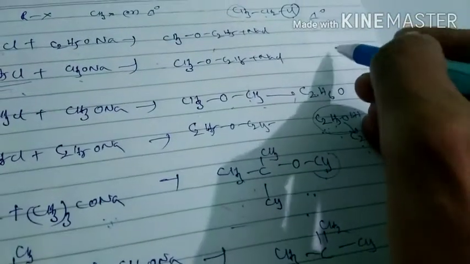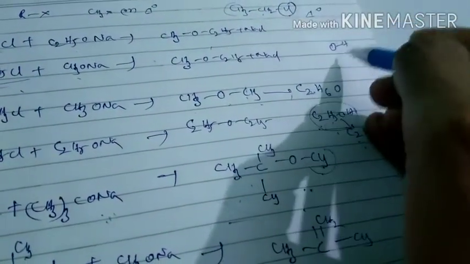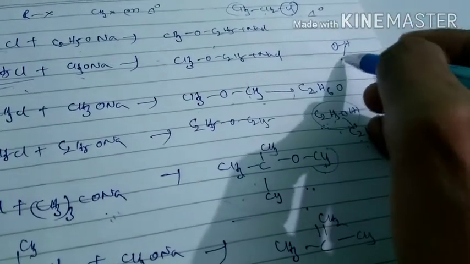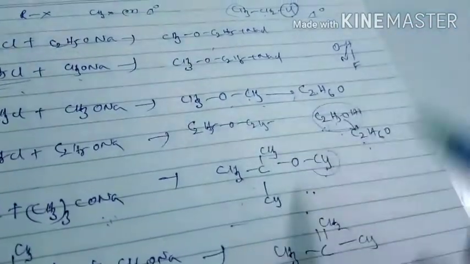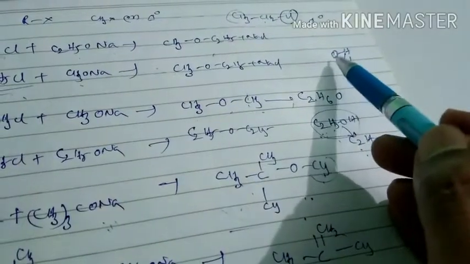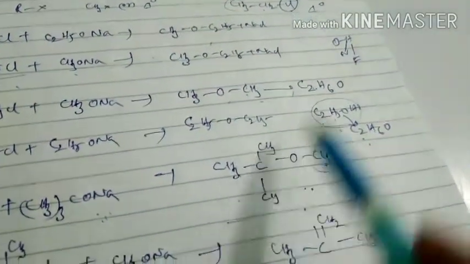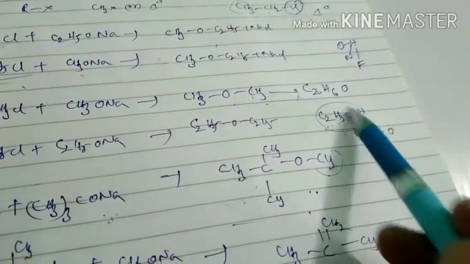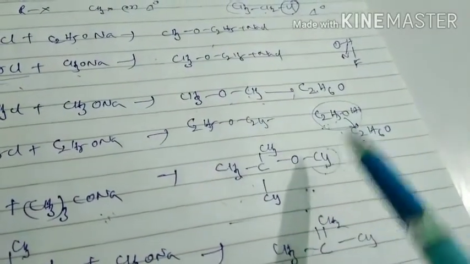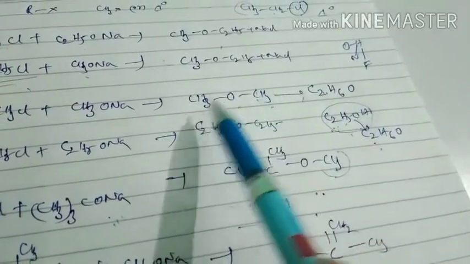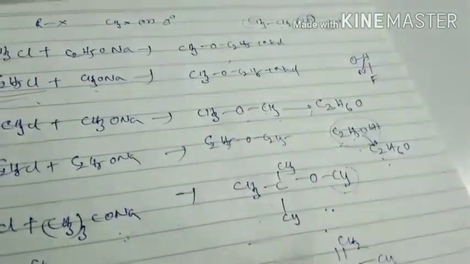What is the condition to exhibit hydrogen bond? Hydrogen should be attached with either oxygen or nitrogen or fluorine, then only that compound exhibits hydrogen bond. So here hydrogen is attached with oxygen, so alcohols exhibit hydrogen bond. But in this case oxygen is bonded with carbons only, not hydrogen, so it cannot exhibit hydrogen bond.